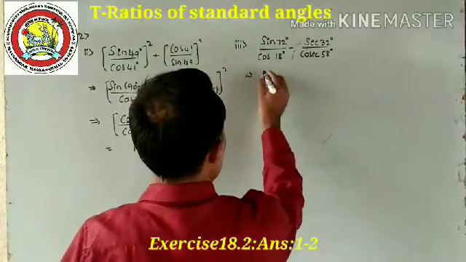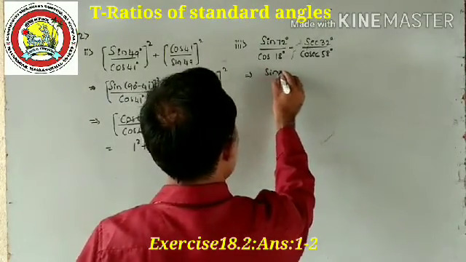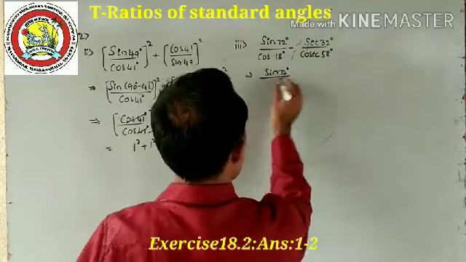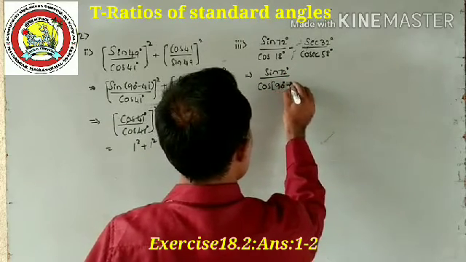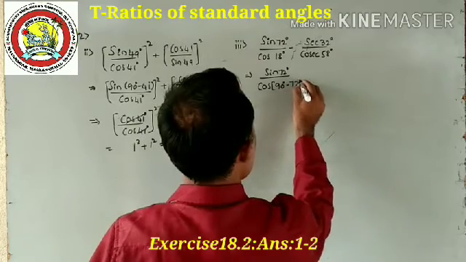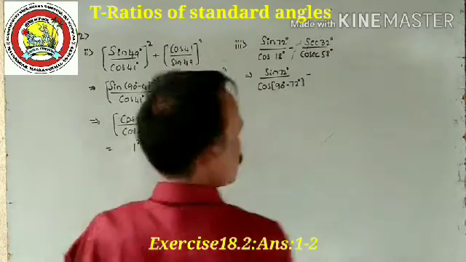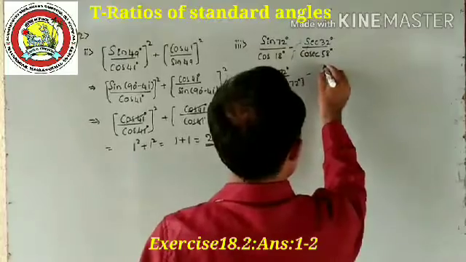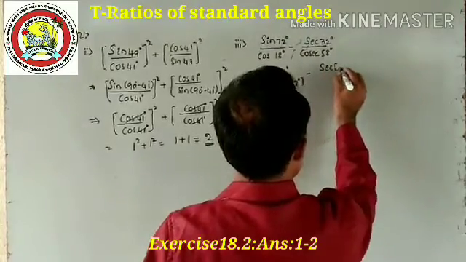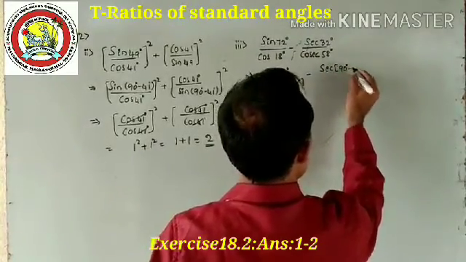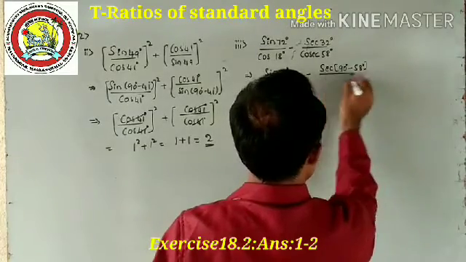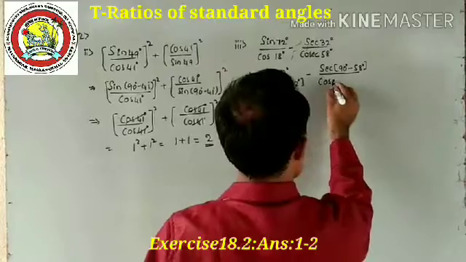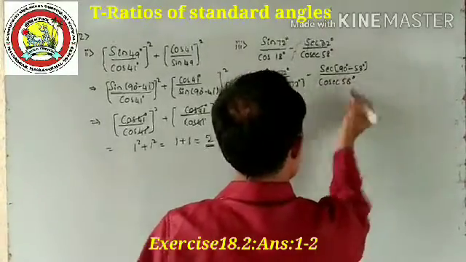Sine as it is, either numerator or denominator. Cos 18 can be written as cos (90 degree minus 72 degrees), and secant 32 can be written as secant 90 minus 58 divided by cosecant 58 degrees.